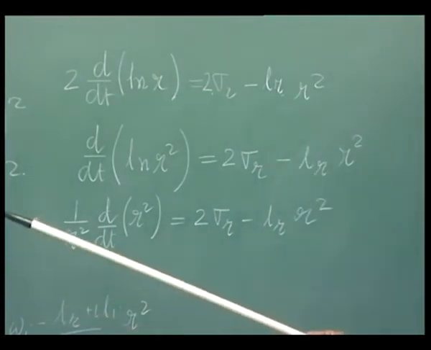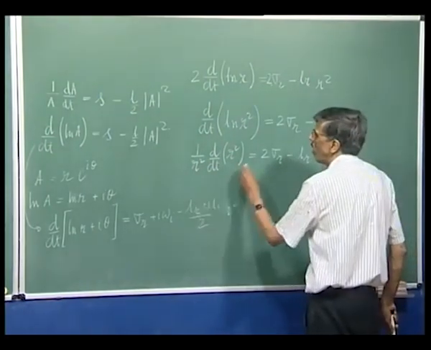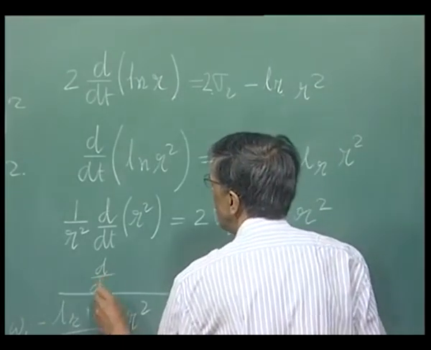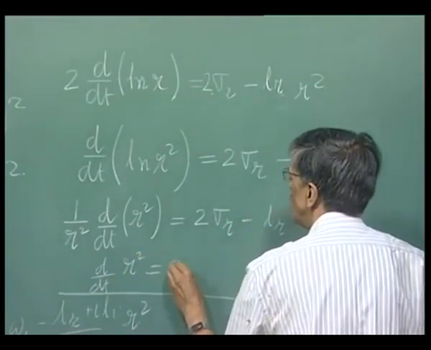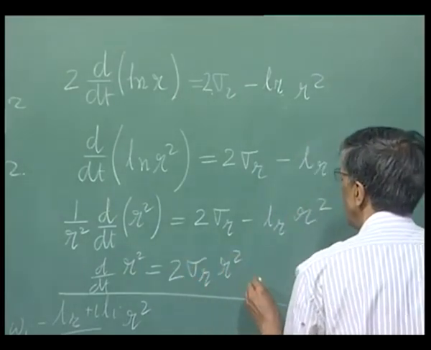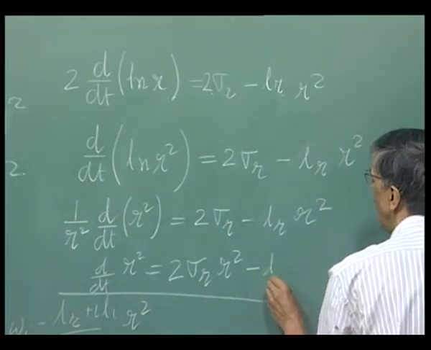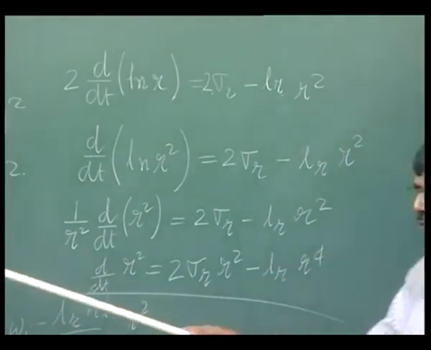Now you can see that equation, right? Now if I multiply by r squared all through, I get d/dt of r squared is 2 sigma r times r squared minus Lr r to the power 4. And that's your equation 7.